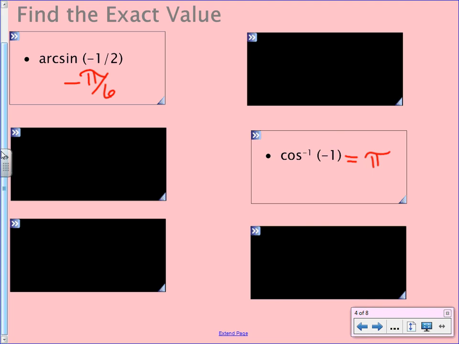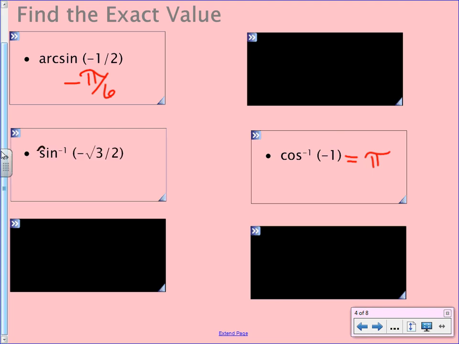All right. Let's do another one. This one right here I'm going to call inverse cosine of negative radical 3 over 2. I said quadrant 2. Okay, Dean says quadrant 2. Do we agree?